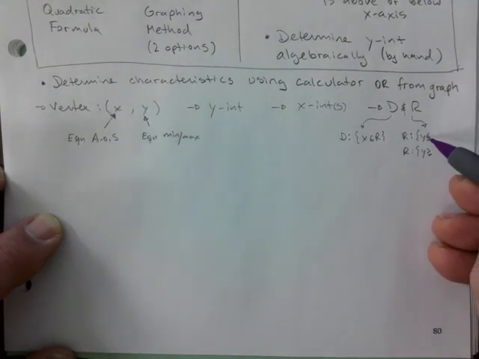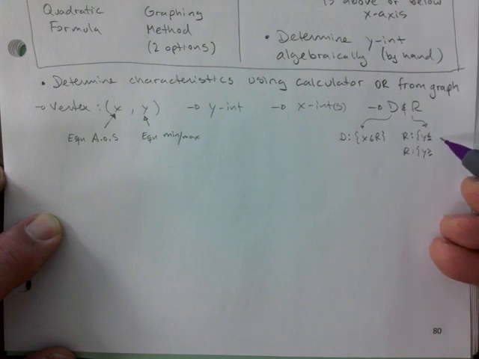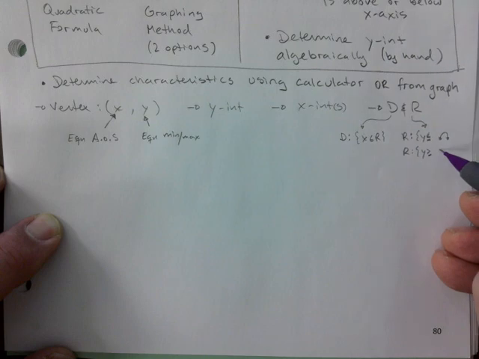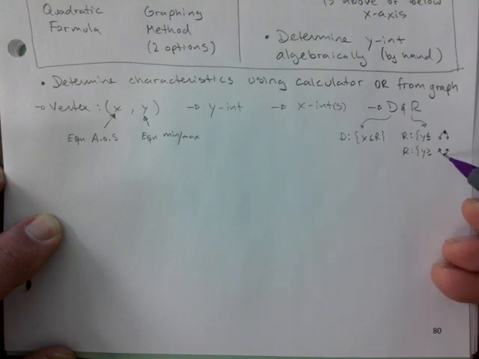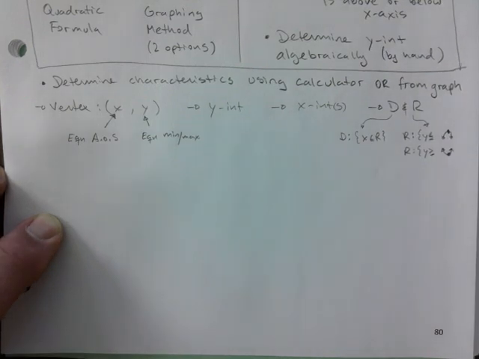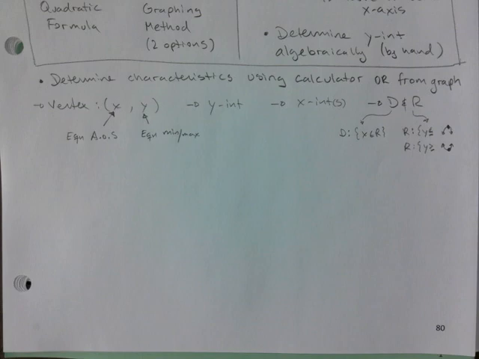If y is less than or equal to, then we know the parabola is going to be pointing down. If y is greater than or equal to, the parabola is pointing up. And obviously we're going to make a dot where the vertex is, because that's going to give us the value that should go in there.